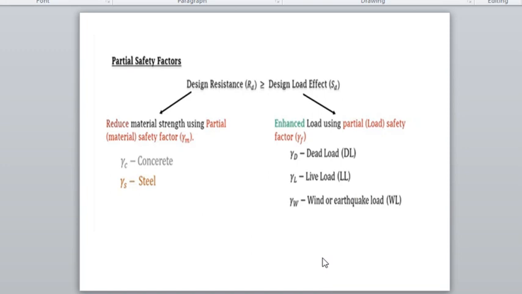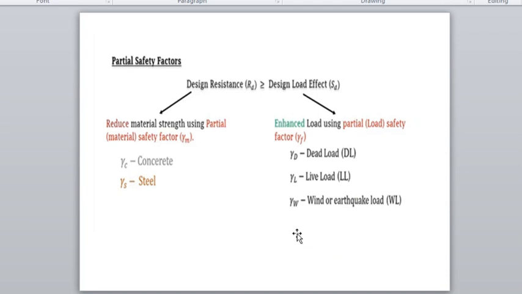Safety factor means, as we told last time, if concrete of M20 is used, what is the maximum strength we take for design? 0.45 fck is taken. 20 into 0.45 is only taken. So that is a safety factor. While in steel, what are we taking? 0.87 fy is taken. If 500 is the steel grade, only 0.87 times it is taken for the design. So that is one type of safety factor, that is, partial safety factor.